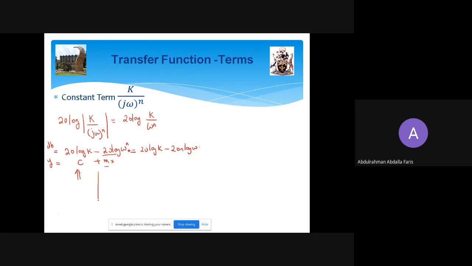So from here, we know that at omega equals 1, we have 20 log k. If omega is equal to 1, there is a point here which is just 20 log k.